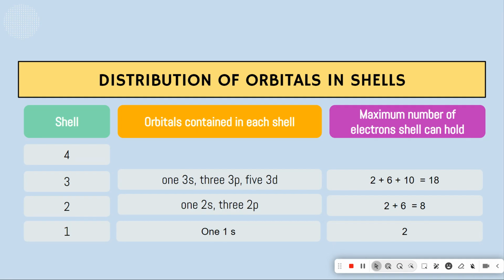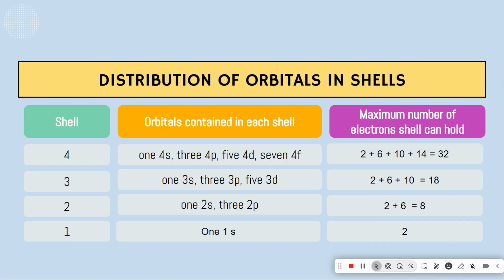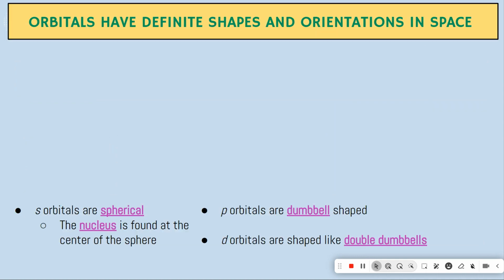Within the fourth energy level, there are 1 4s orbital, 3 4p, 5 4d, and 7 4f orbitals. So within energy level 4, we can hold up to 32 electrons. That's going to be really helpful for us as we start putting these atoms together and seeing where the electrons are found.